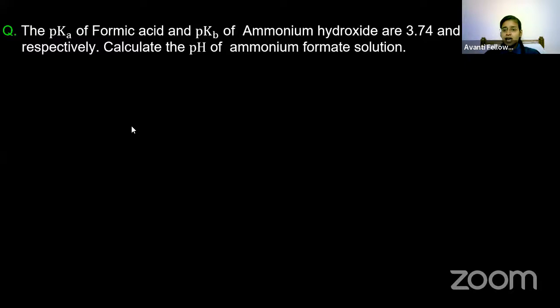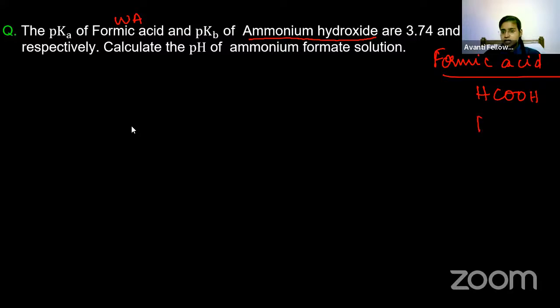Formic acid means weak acid. It is an example for weak acid. I will give you the formula, okay? Formic acid means HCOOH. And ammonium hydroxide, you all know the formula: NH4OH.